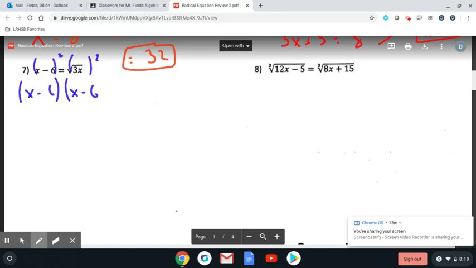Make sure you're not just distributing the squared in there and getting x squared minus or plus 36. So once we have something squared and we write it out twice and we FOIL like we talked about, that's going to make this problem look a lot different. We have x squared. Combining my outside and inside terms, I end up getting a minus 12x and then a plus 36.